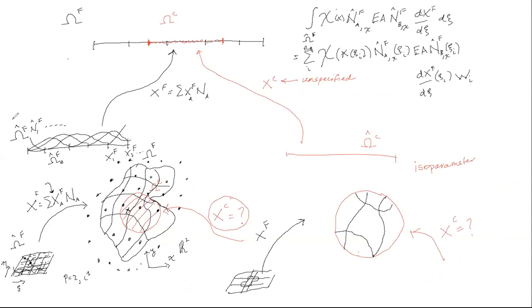Okay, so this circle is this blobby thing in the flex domain. And then when we map that through, we get this parametrization of the circle.